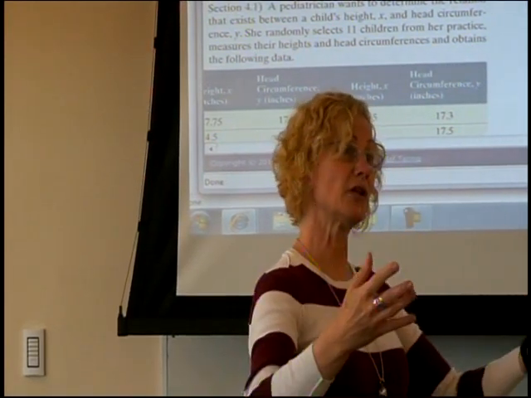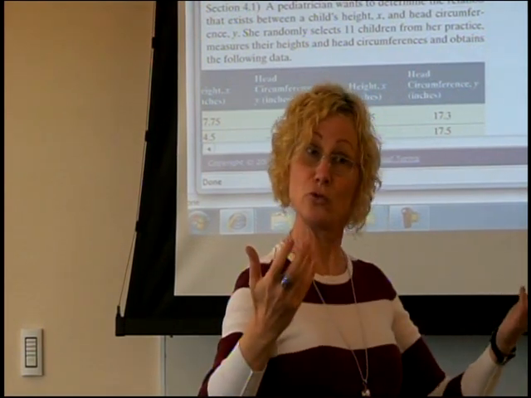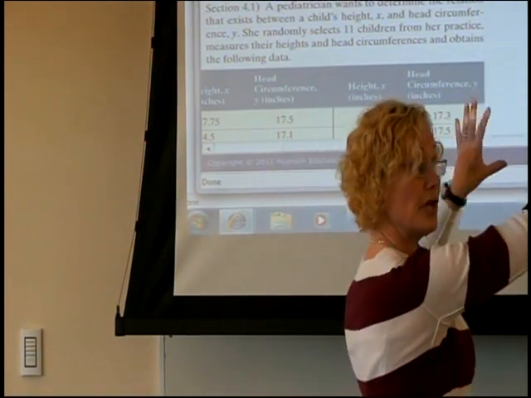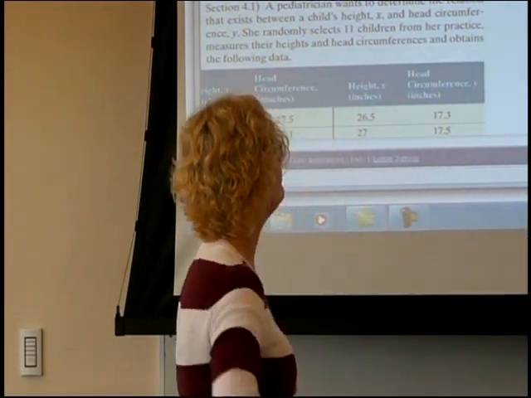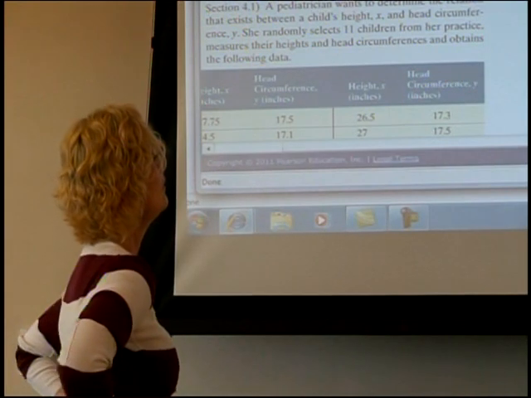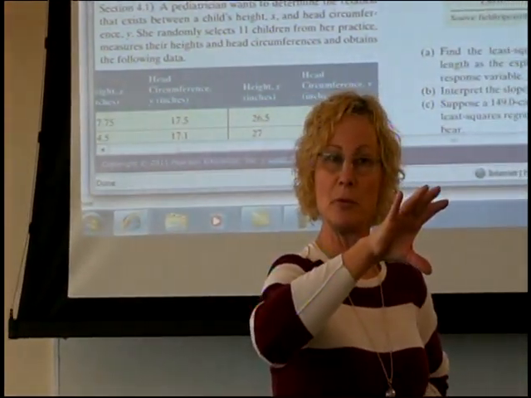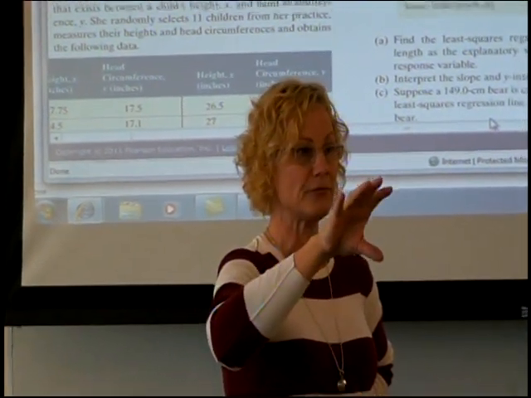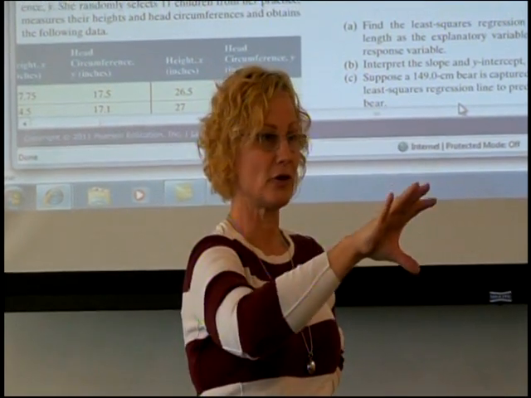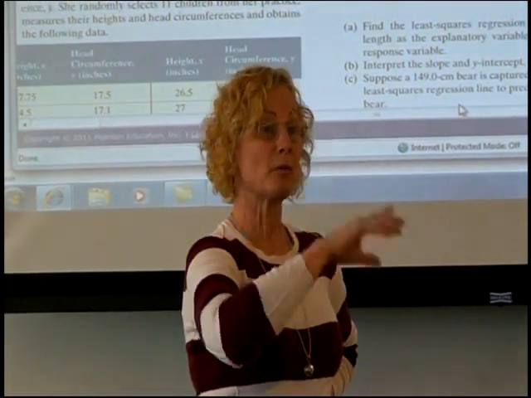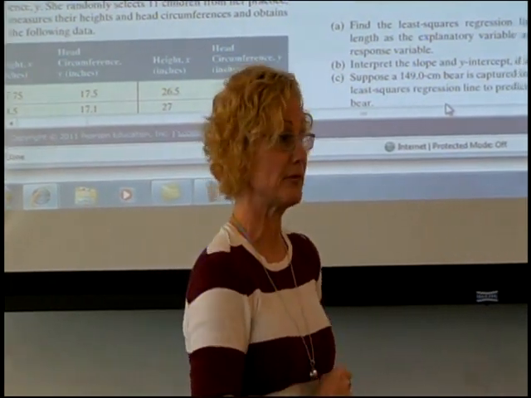The equation of the line, remember, is a mathematical tool that describes the relationship between these two variables. Then I think when we wrapped up last time, we graphed the regression line with the scatter plot on our calculators, right? So remember, there's a regression handout on my website. You are welcome to access that.